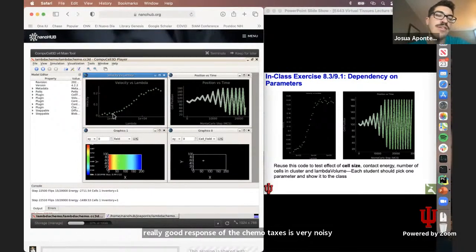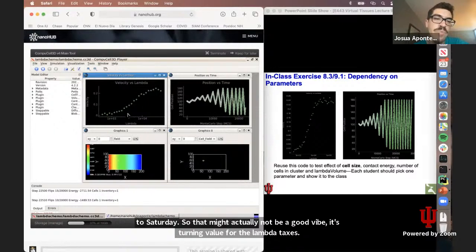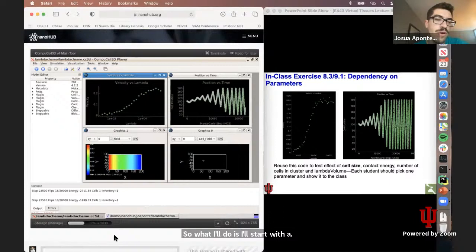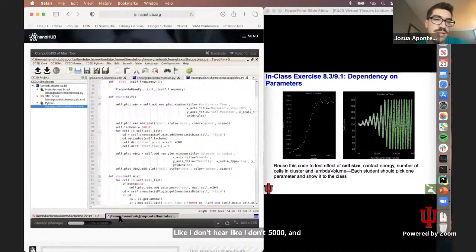So lambda chemotaxis should probably be higher than 1,000. And we see here that over 10,000, the velocity is starting to saturate, so that might not be a good starting value. So I'll start with around here, around 5,000, for an initial lambda chemotaxis.